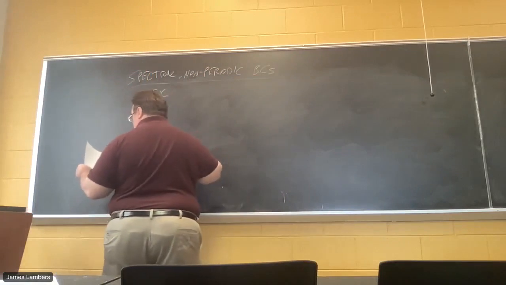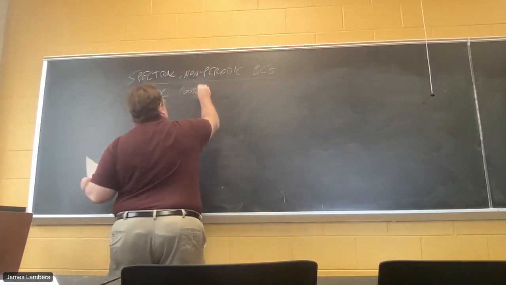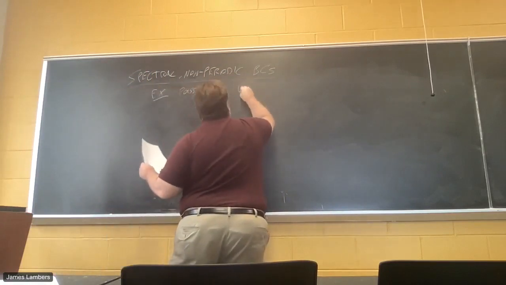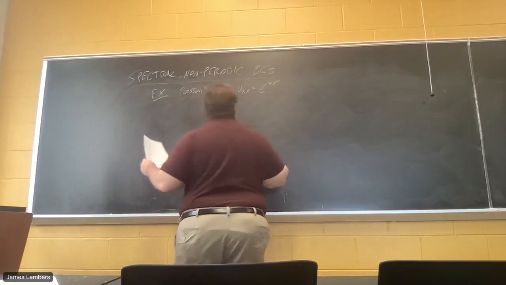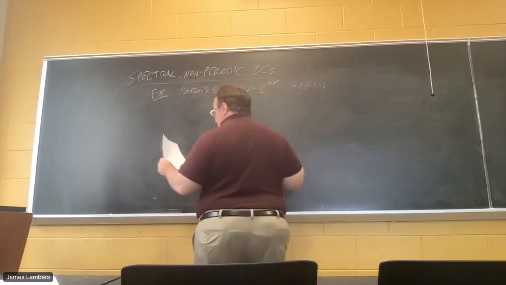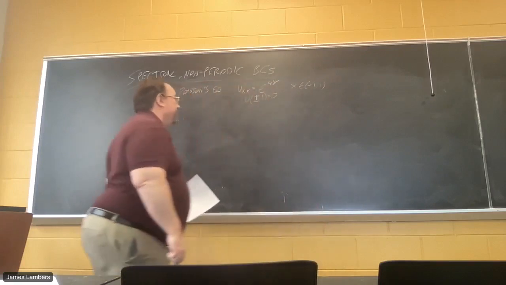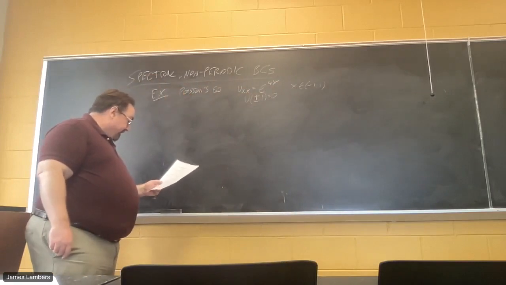Okay, so first example, we'll have a Poisson equation. So in this case, we have uxx is e to the 4x on the interval -1 to 1. And then we'll have homogeneous Dirichlet boundary conditions. So u is equal to 0 on the boundaries. Okay.